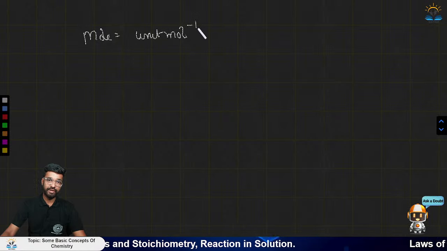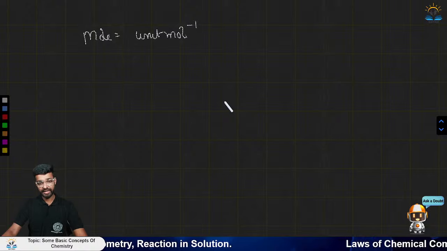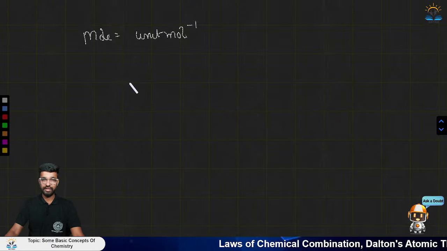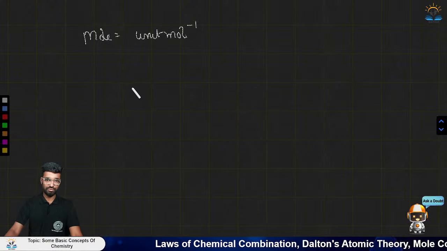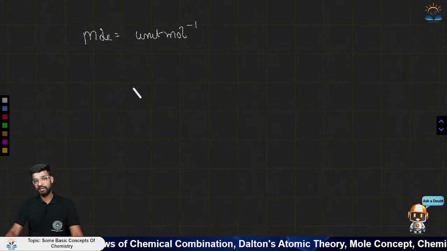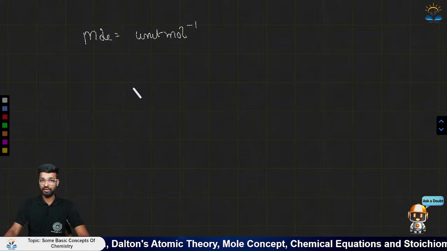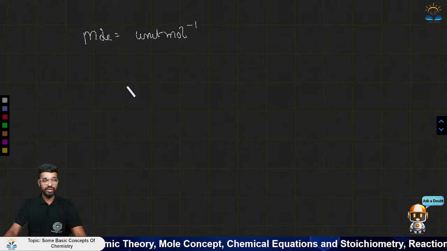This is a very crucial concept that children often get confused with. They do not know whether this mole is for atoms, or for molecules, or for electrons, protons. So let me make one thing clear here: mole is not specified to a certain object, it can be anything.